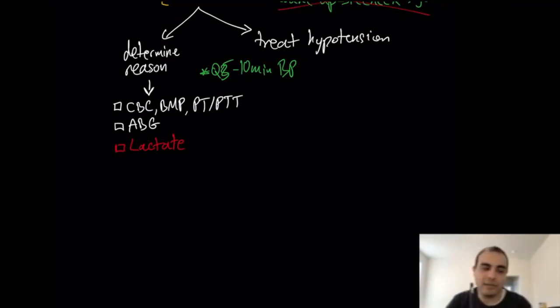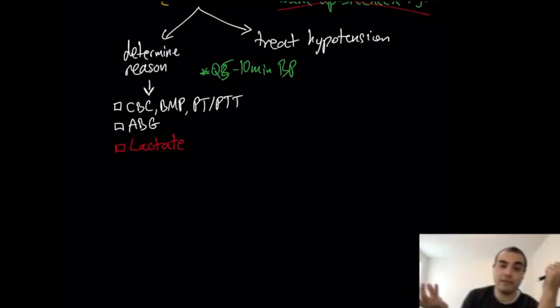Another tidbit about lactate. If I draw my blood right now and I put it outside for 10 minutes, what do you think is going to happen? Lactate will increase, because a lot of these white blood cells that are working are going to produce some lactate. So lactate will go up the more you leave the blood outside.